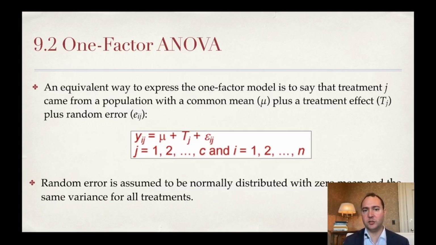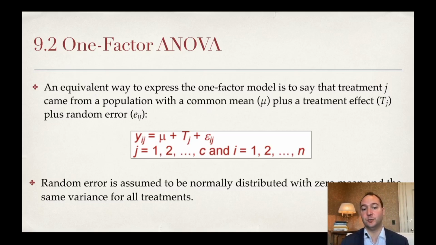Okay, so one way to look at this model is to say that the treatment J, meaning the group J, came from a population with a common mean, mu, plus a treatment effect, Tj, the effect of being in that group, plus a random error, E meaning error, I meaning each individual value, J meaning which group that individual value belongs to.